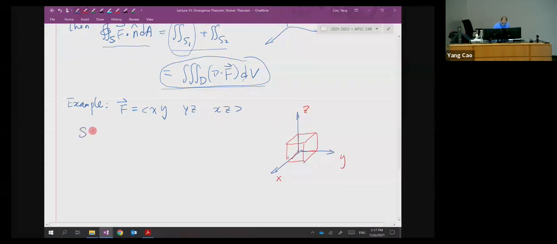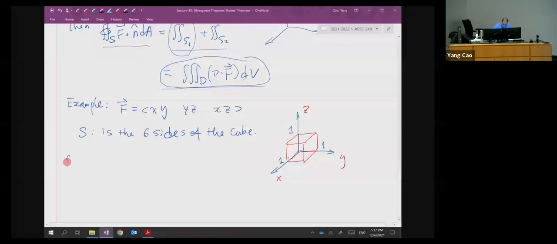So the surface S is the 6 sides of the cube, sitting in the first octant of the XYZ coordinate system. So let's say the cube, just make it a very small cube, unit length of 1.